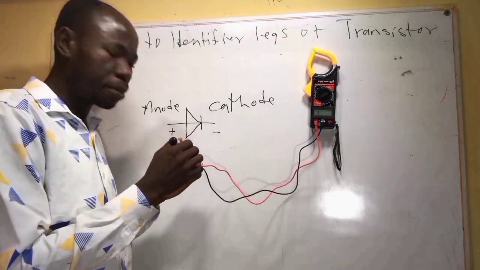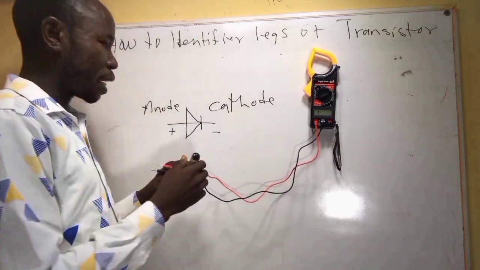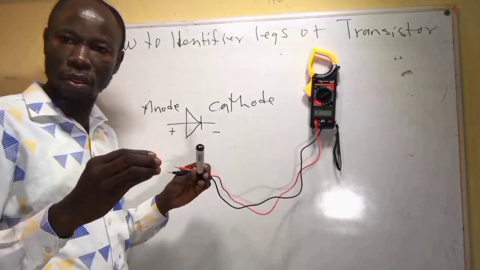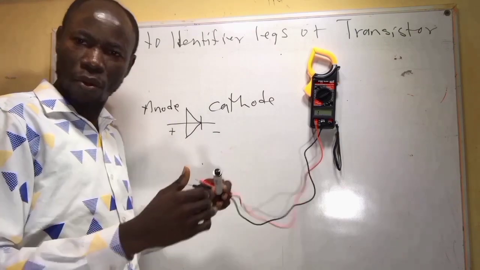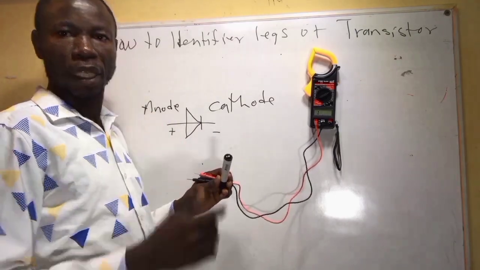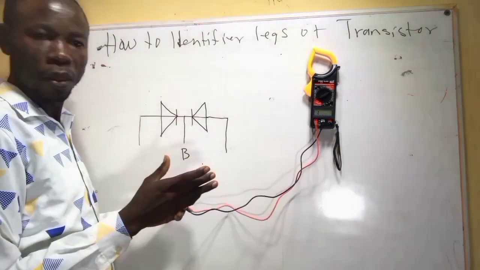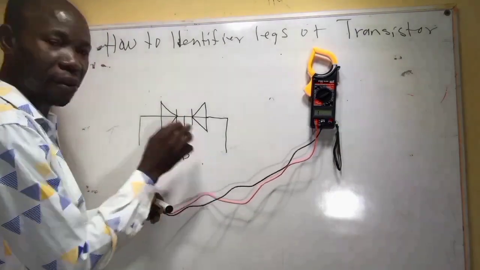It's the same applied to a transistor. A transistor is just like two diodes combined, either the two anodes together or the two cathodes together. Let's look at it. You see, the transistor has three legs: 1, 2, 3.